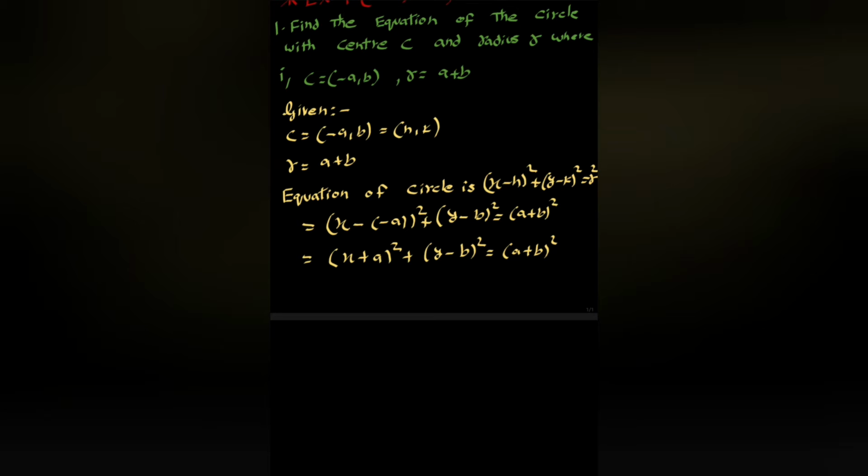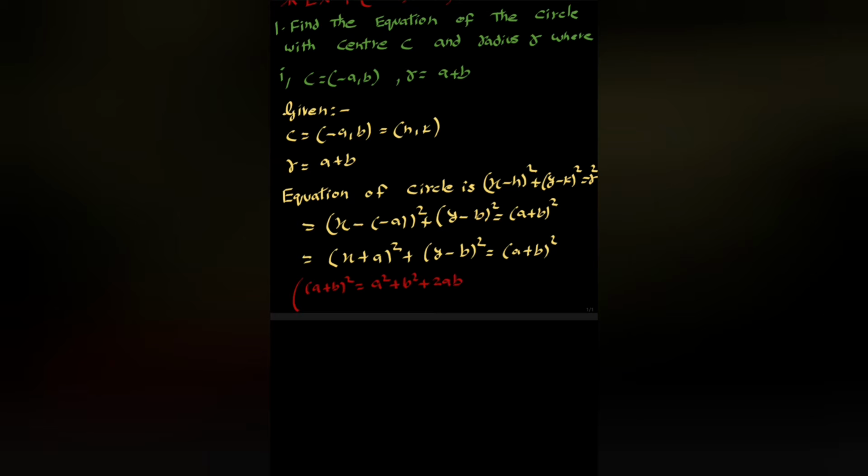So we know the formula, that is a plus b whole square equal to a square plus b square plus 2ab and a minus b whole square equal to a square plus b square minus 2ab. So substitute the formulas.